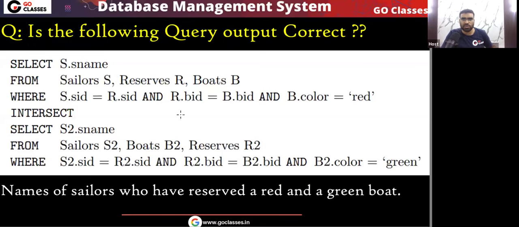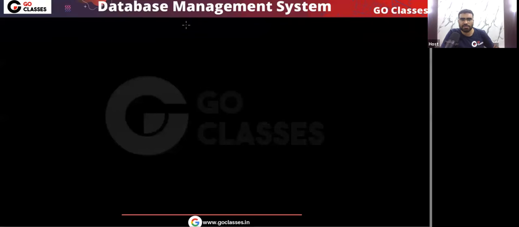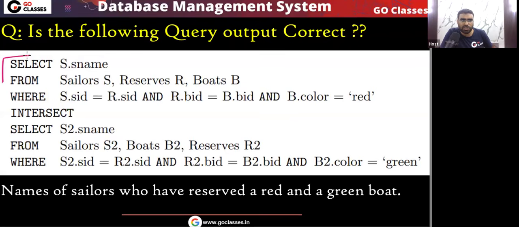Now let's see this query. Is this query output correct? If I do intersect of red people and green people, will I get names of sellers who have reserved a red and a green bot? Will I get common people? Simple question. First, notice what this query will give you.